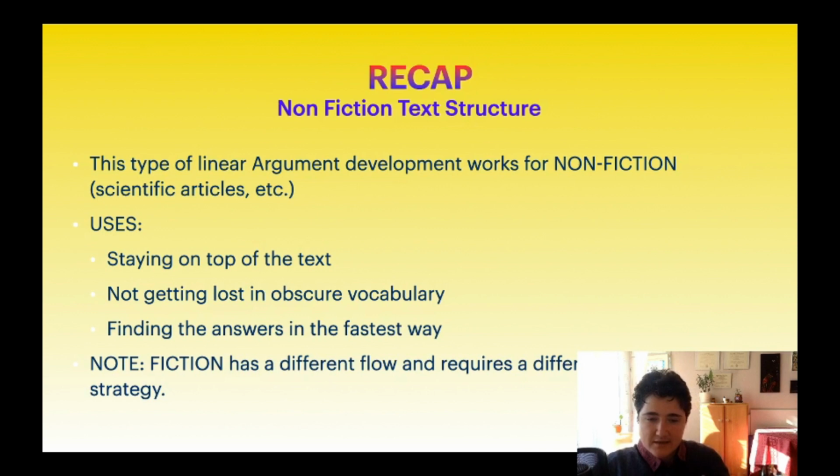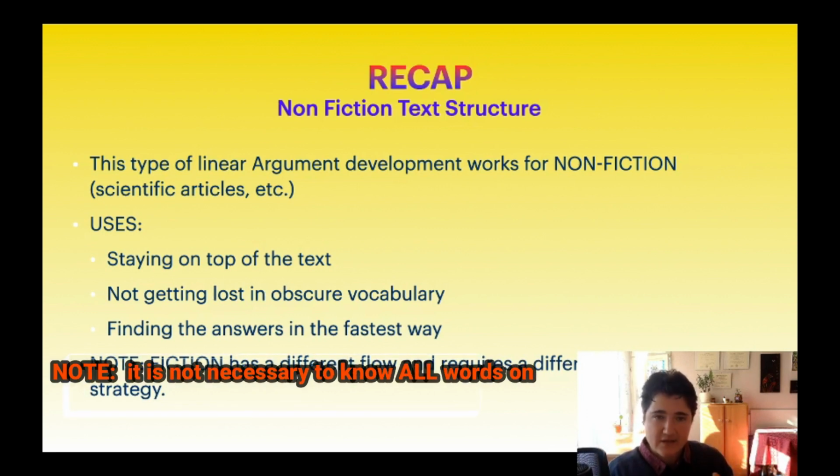Knowing the main ideas, keeping track of them, underlining them, will help you to stay on top of the text. This is very important because you will not be getting lost if you don't know this word or that word, because you still know the main ideas of the text.